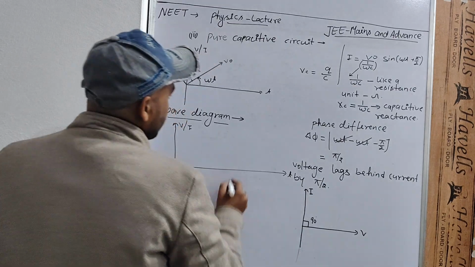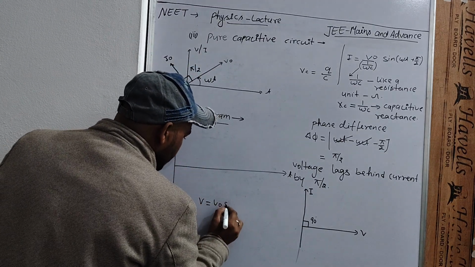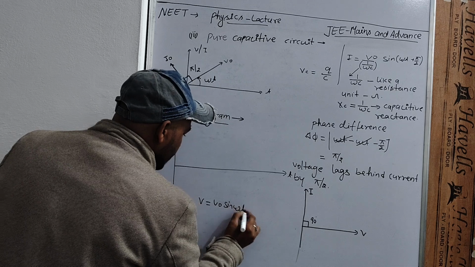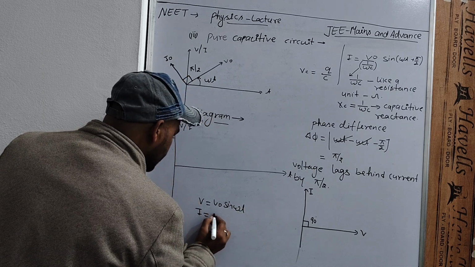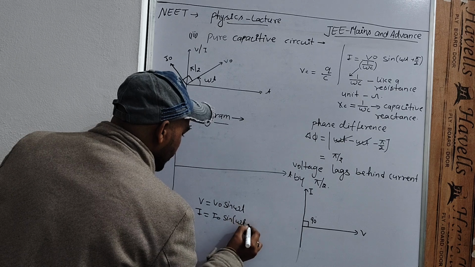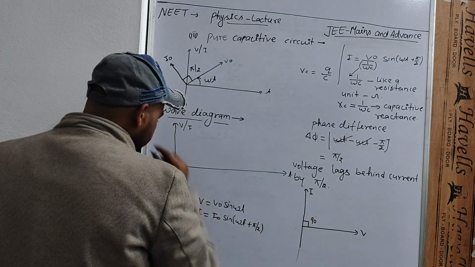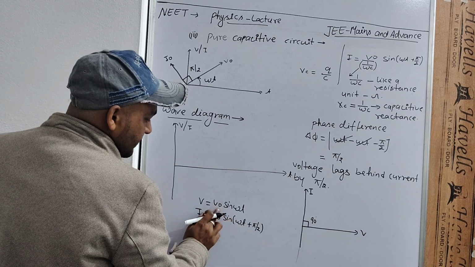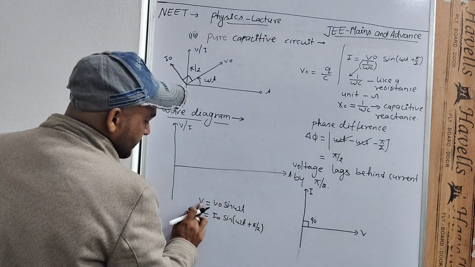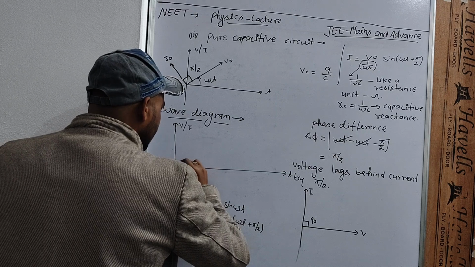As we know, the instantaneous voltage equation is V naught sin omega t, and the instantaneous current equation is I naught sin omega t plus pi by 2. Hence, the graph for voltage will become sinusoidal, and it is like that.